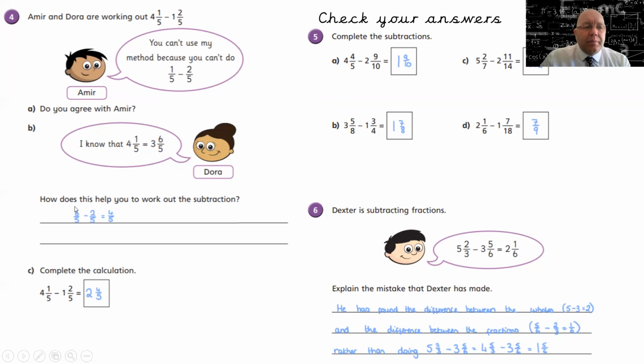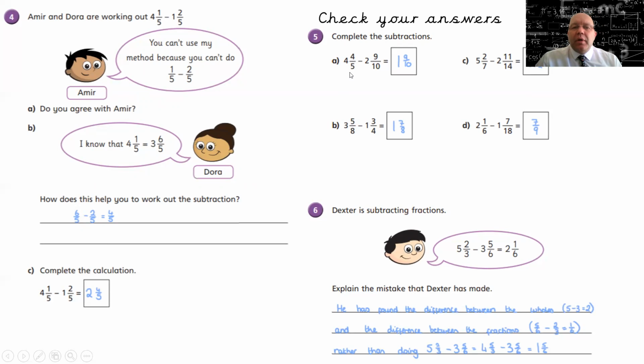Okay, but anyway, to help do the calculation, we've now got 3 take away 1, which is 2, and then we're left with the 6/5 take away the 2/5, which is 4/5. Okay, so completing it, 2 4/5.